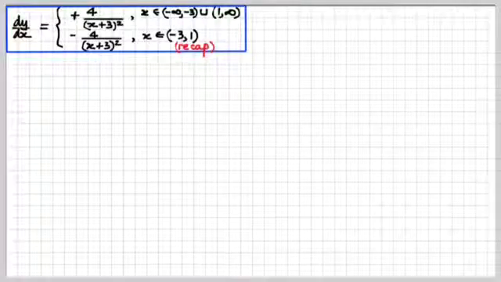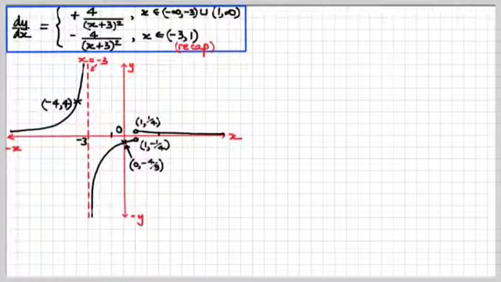Okay, just recapping where we got to, that's dy dx, the two components of the hybrid of dy dx, and look at that. Let's see what we've got here.